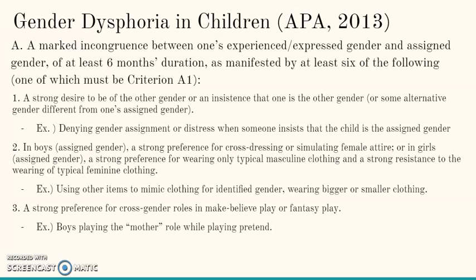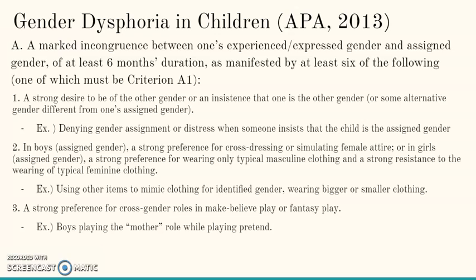One of the characteristics has to be this first one, which is a strong desire to be of the other gender or an insistence that one is the other gender. So the child can deny that they are the assigned gender or become upset if someone else insists that they are the assigned gender. Then the person would have to be experiencing 5 of the following.